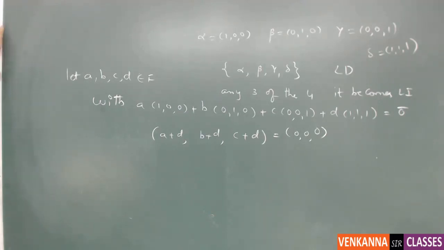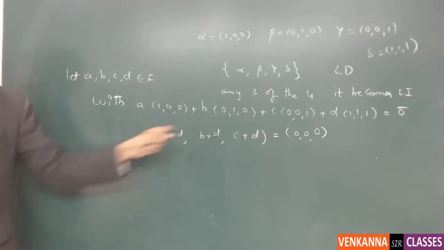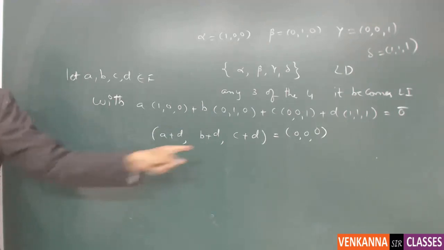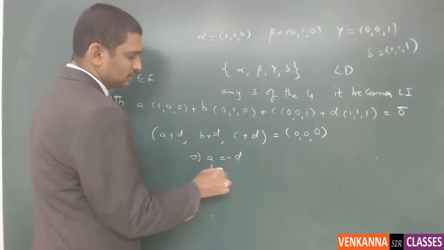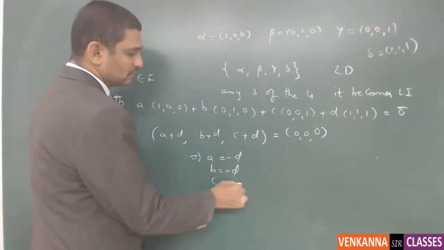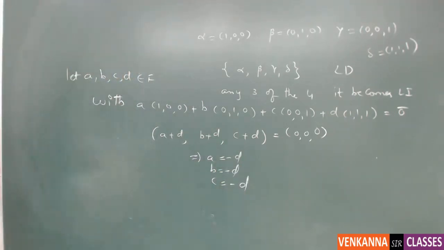Right. So making the coordinates equal to 0, you will say A is equal to minus D, B is equal to minus D and C is equal to minus D. So at this point we can say that the given set is LD. How?